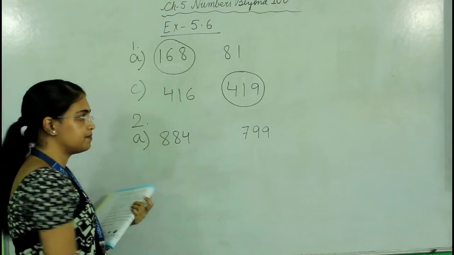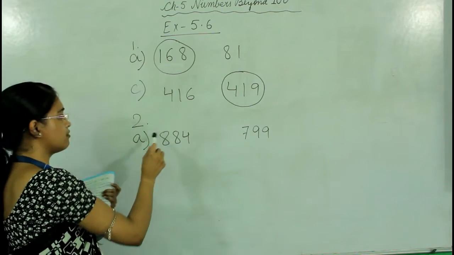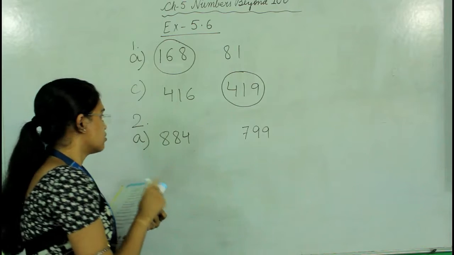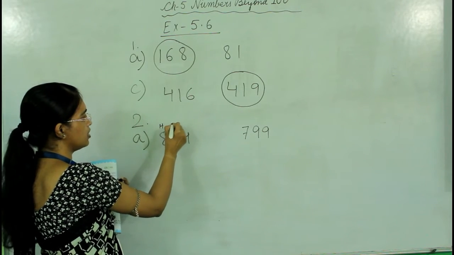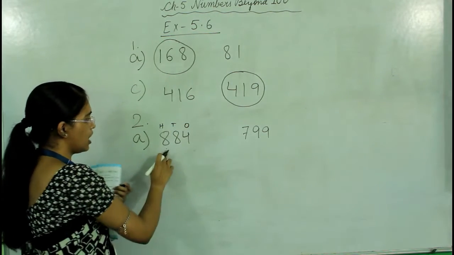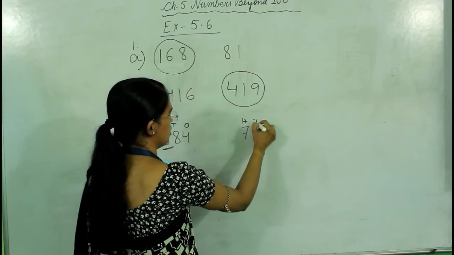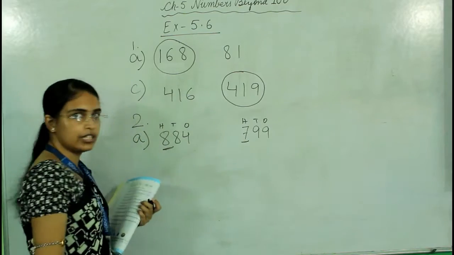So here what do we have to look at then? We have to look at the place value of these numbers. So here, this is the 100s place, this is tens and this is ones. In the 100s place we have 8 and on this side in the 100s place we have 7. So it's very easy.